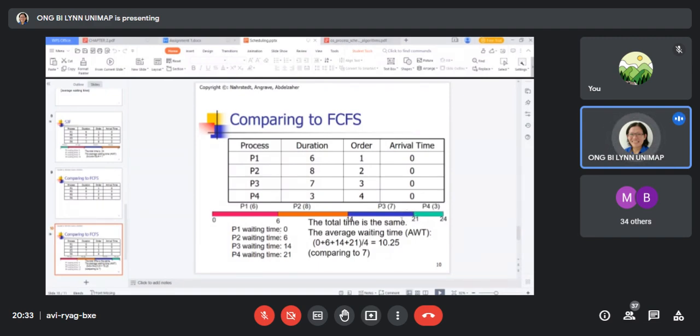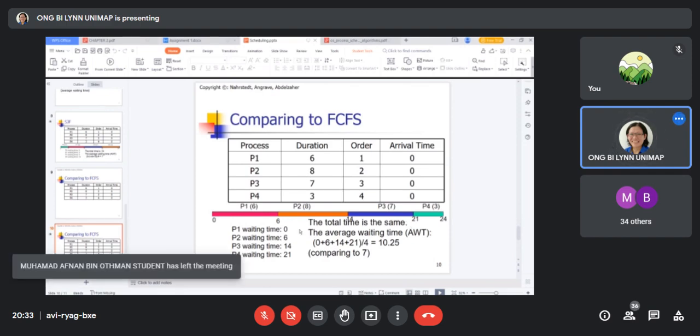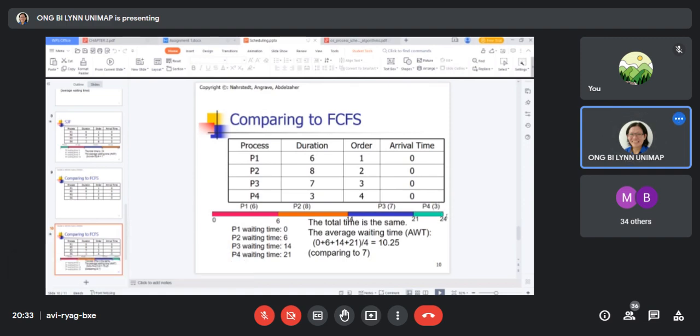P3, 21 minus itself 7, you have 14. P4 finishes at 24 minus itself 3, you have 21. So the average waiting time for first come first serve will be 6 plus 14 plus 21 over 4. You have 10.25.